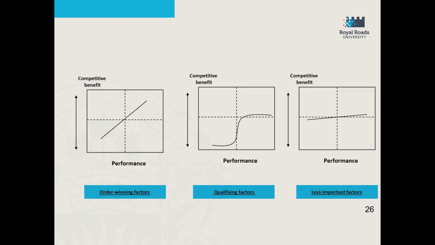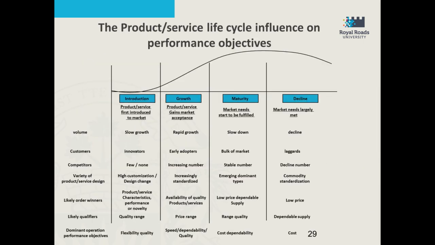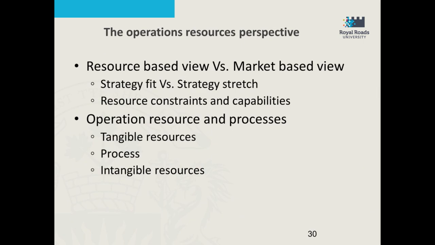So again, let me get back to this. From a market requirement perspective, you need to understand customer requirements, the product lifecycle, at what stage your product is, and your competitors. And that is one perspective. And the last perspective is a resource-based perspective. So basically, you need to know what you can produce.